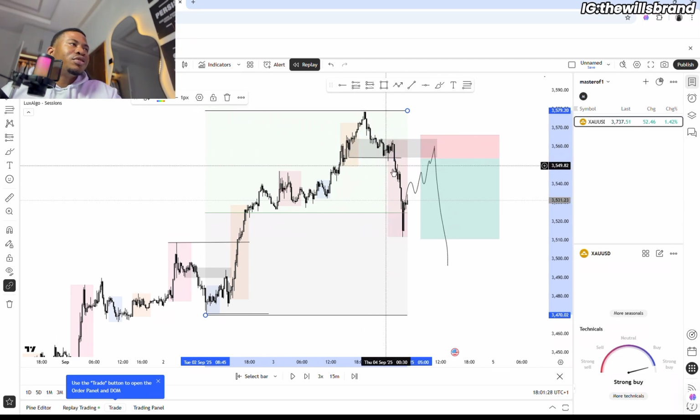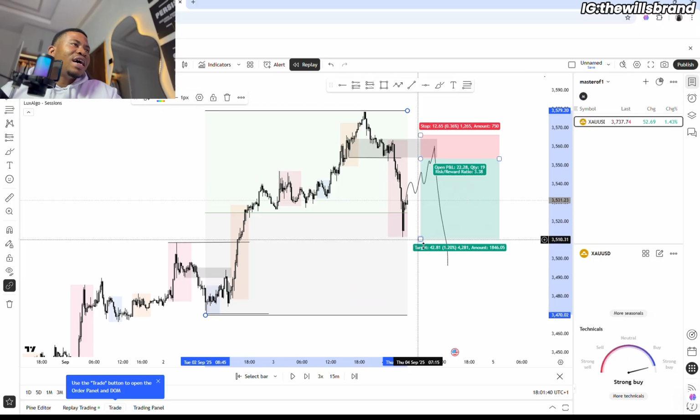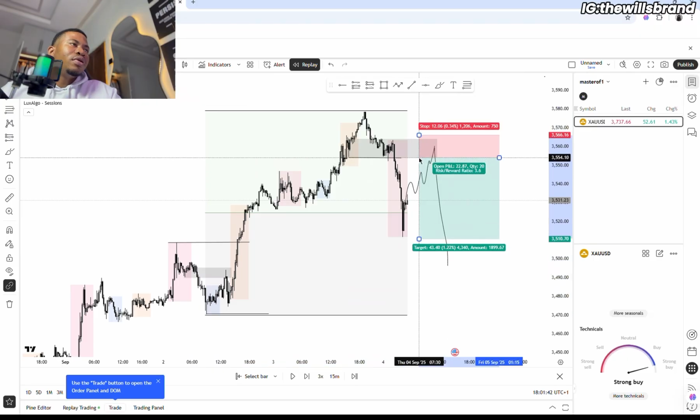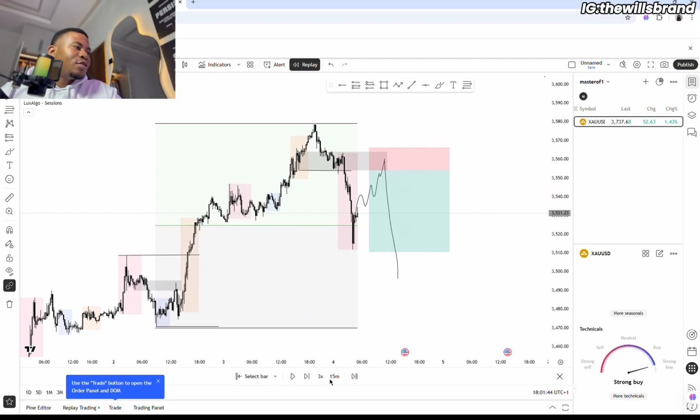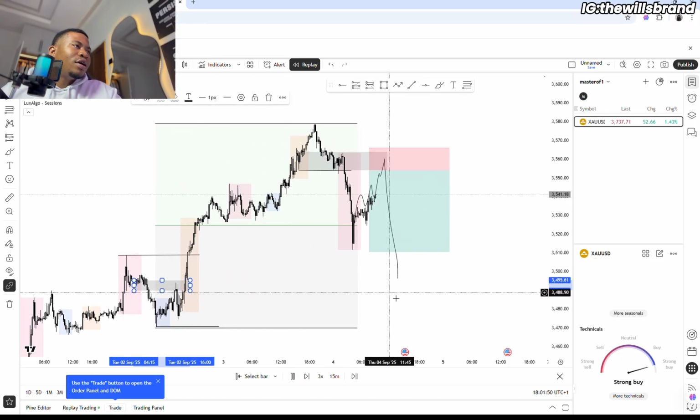The reason for that break of structure here is to push price back towards discount levels. After pushing it back to discount levels, then we can start moving up again. So that actually makes this a very low probability setup. But let's see what happens, because price might still decide to come lower before moving up.